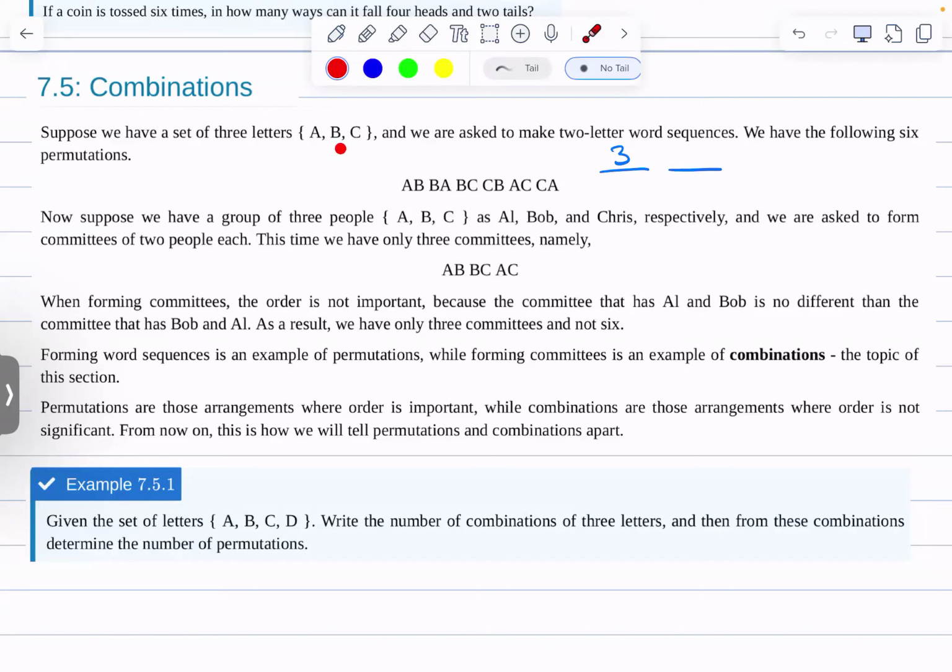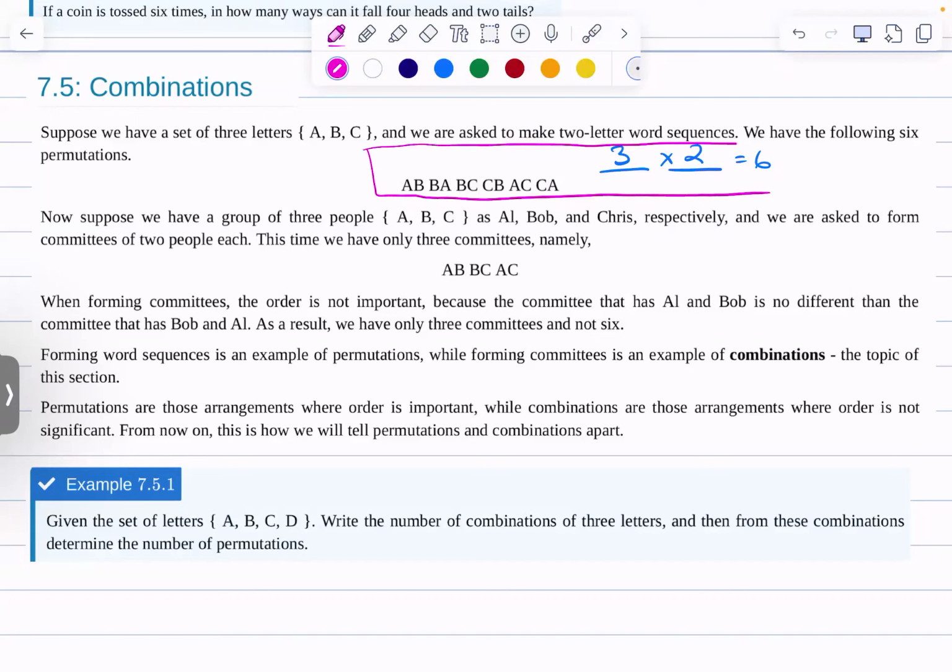But if I am not allowed to repeat any letters, which is kind of implied here, then I have 2 options for the next letter, which gives me 6 different permutations. That means we get AB, BA, BC, CB, AC, and CA. This is what we call permutations, right? That's permutations from last day.